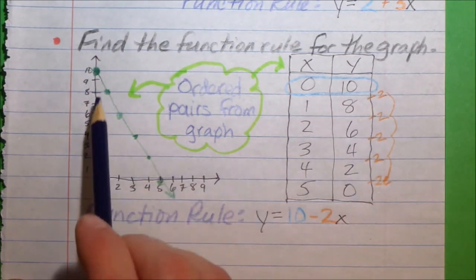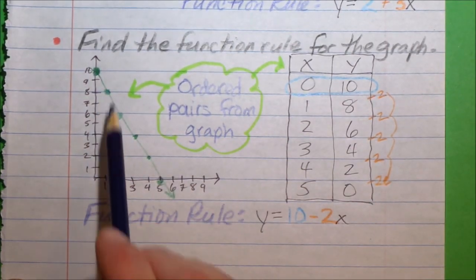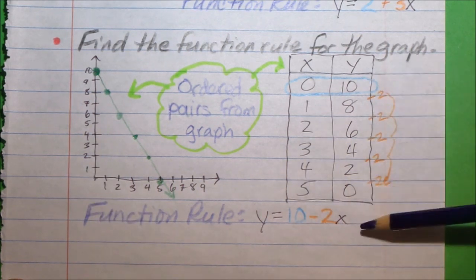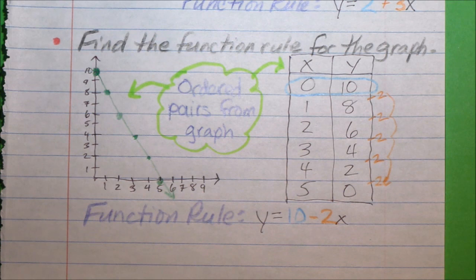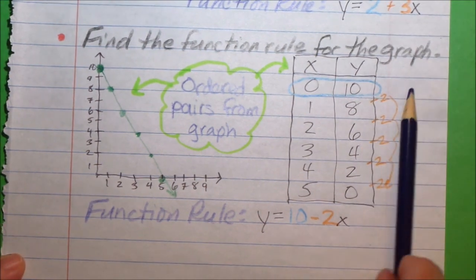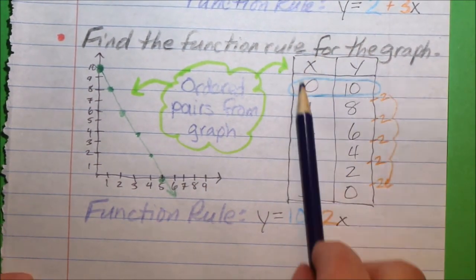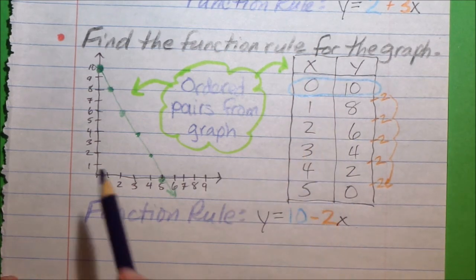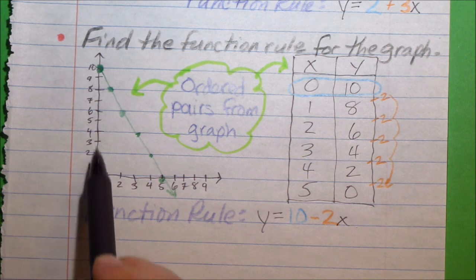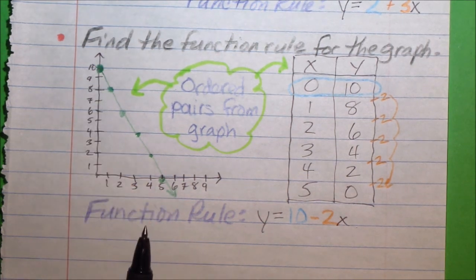0 and 10. What is the ordered pair for this one? 1 and 8. Okay, and make all your pairs. And once you've done that, then it's very easy to see what's your start value and what's your rate of change. Now, as I was saying earlier, some of you will be able to, without having to create the input-output table, see that wherever x is 0, y is your start value.